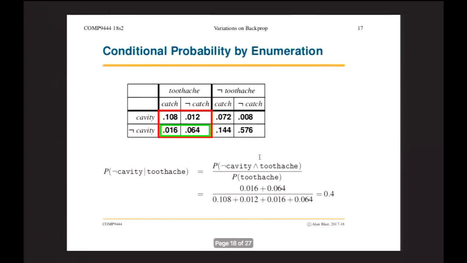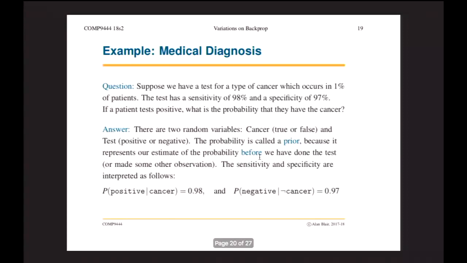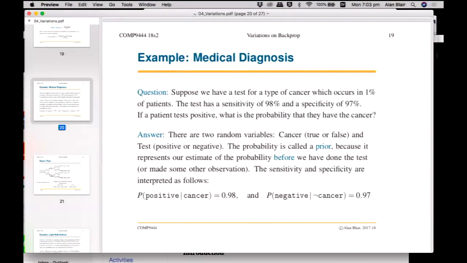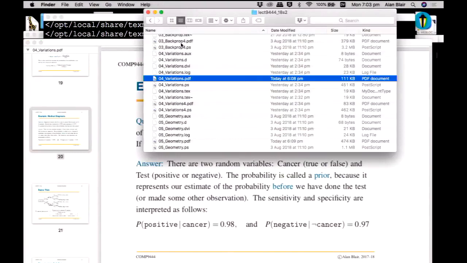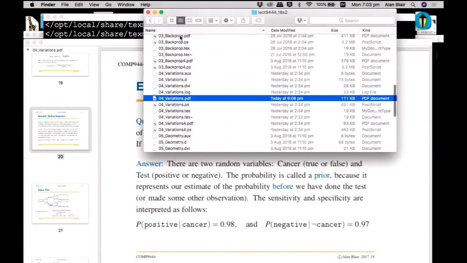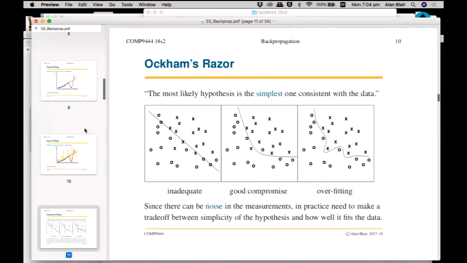Okay, so a couple more things. Let me just go back to backpropagation for a minute to try to make the next point.